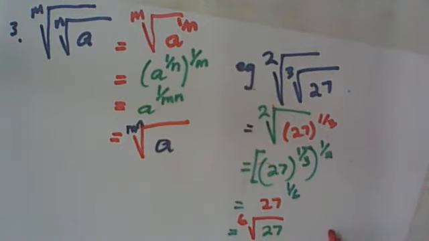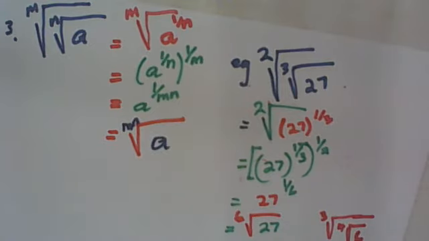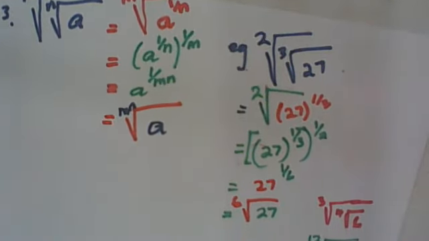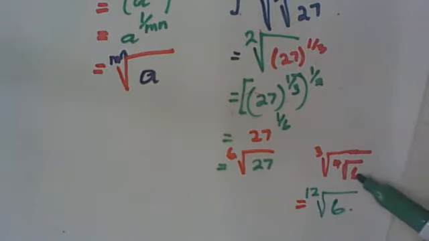In short, if I want to get something like the 3rd root of the 4th root of 6, I just write this times this is 12, and then I put in 6 under the root sign.